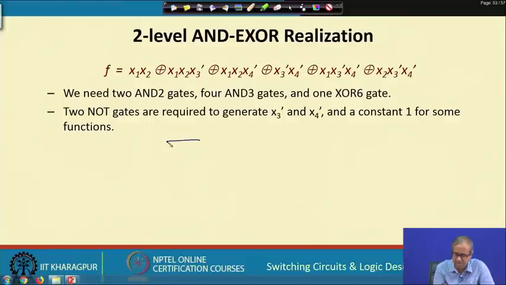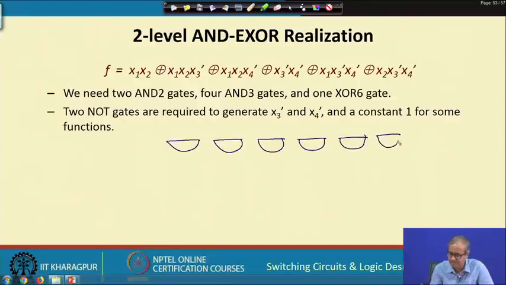So, we will be needing 6 AND gates, first AND gate will be having 2 inputs, second one will be having 3 inputs, third one also 3, fourth one 2, this is 3 and this is 3, and you have to take the XOR of all of them. See, there are 1, 2, 3, 4, 5, 6.